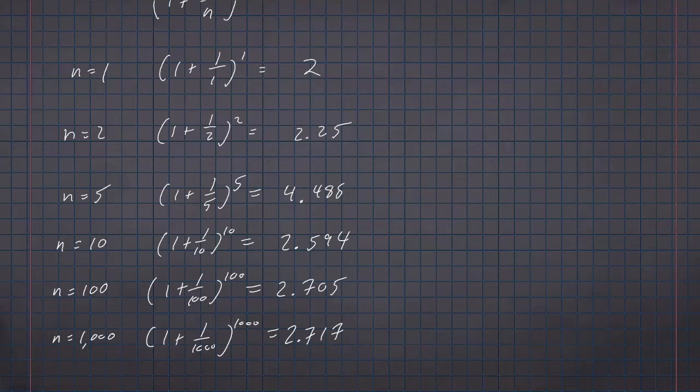And at that point, the progress starts to slow down a little bit. As you get bigger and bigger numbers, you'll get closer and closer to what we call the exact value. We've named this natural base e.